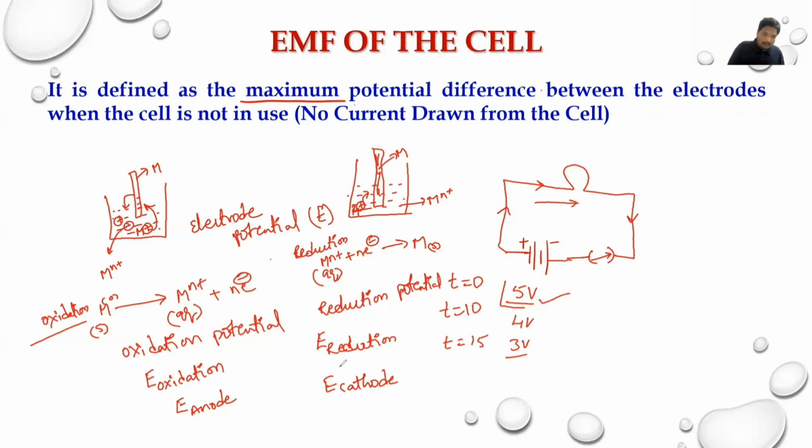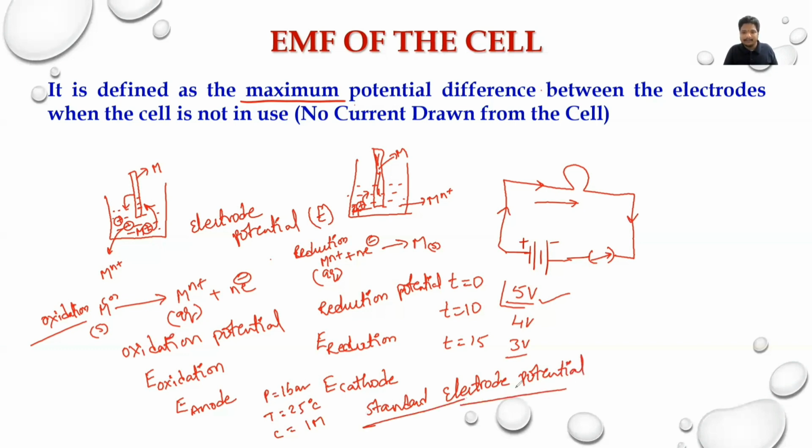Now if I measure this electrode potential at the standard state, that means at pressure 1 bar and temperature 25 degrees centigrade, and the concentration of the metal ion solution is 1 mole, that potential is what we call the standard electrode potential.